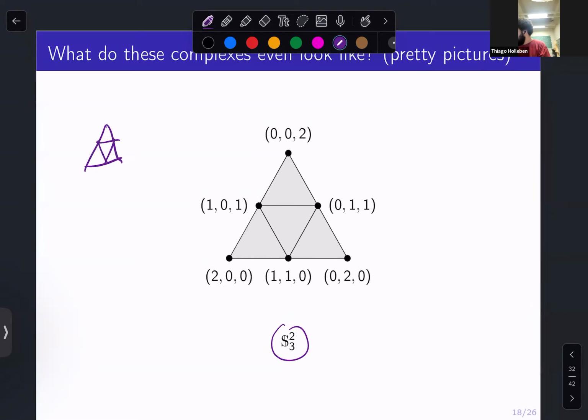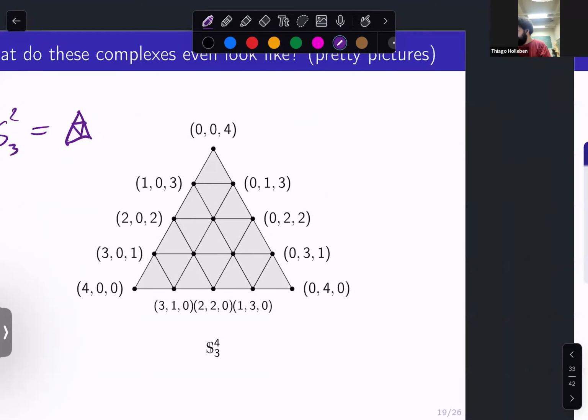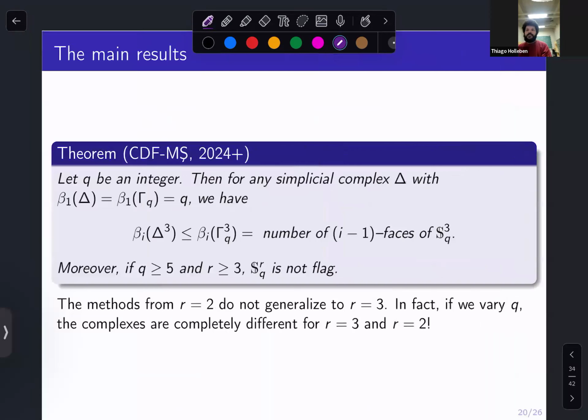I think I have a picture of S3, 4. It's again very nice. From here, you could guess. S2, 3 is like you take a triangle and you subdivide it like this. S4, 3, you subdivide it like this. So you can kind of guess what the answer would be for SR3. But that's where things stop being nice.